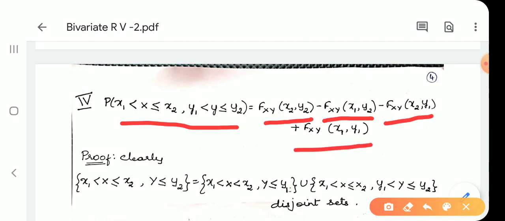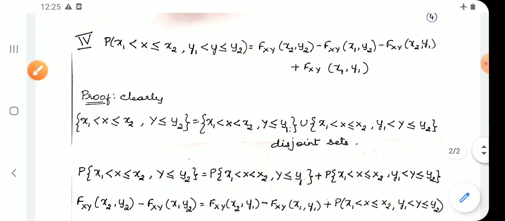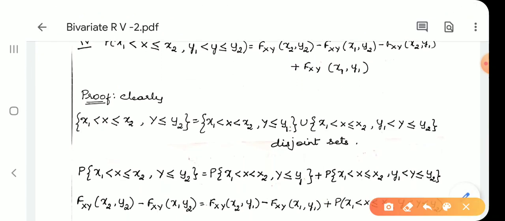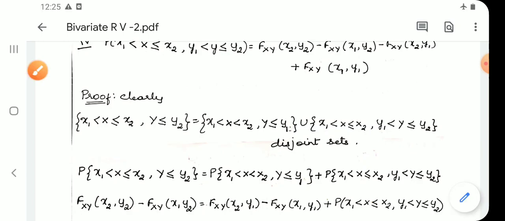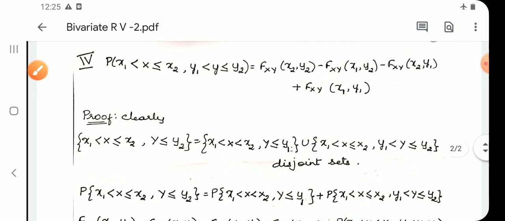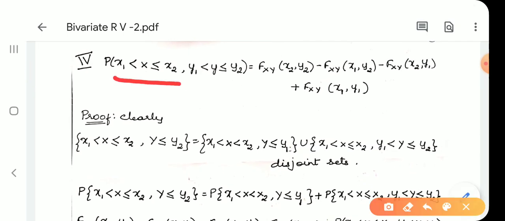So to prove this, now we will consider the set X less than or equal to x2, and here we will consider Y less than or equal to y2.